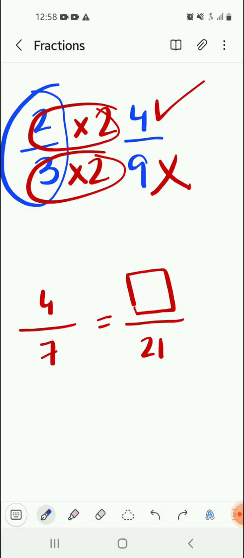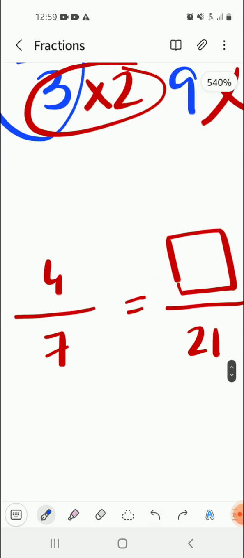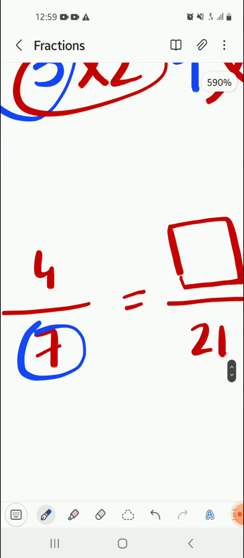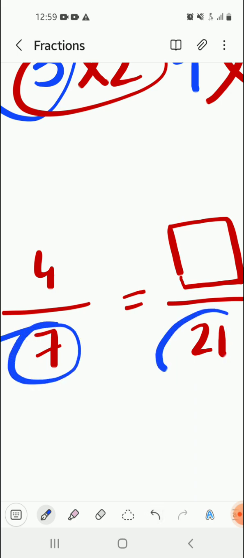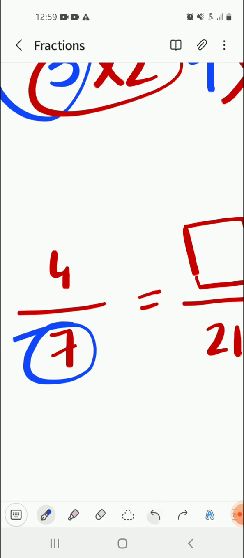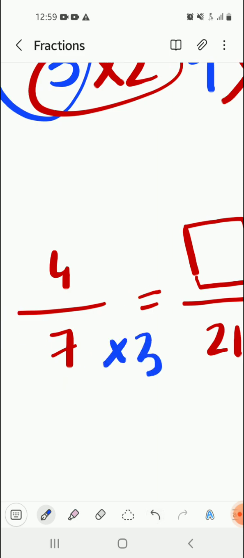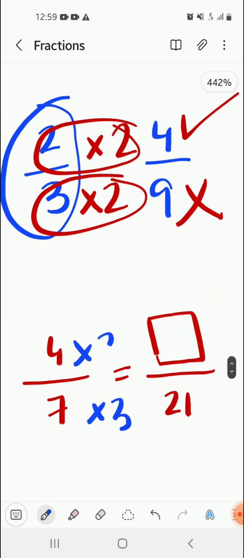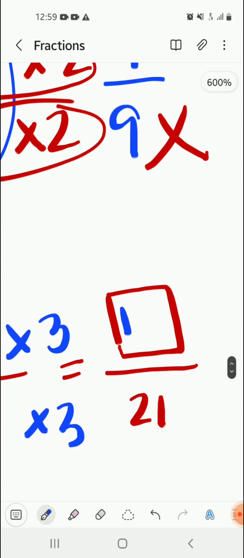Now we have to check the common link. The common link is the denominator of both the fractions which are given. Now think with which number you must multiply the given number so that we get the other number. By what number should you multiply the smaller number to get the greater number? So 7 into 3 we know is 21, which means the numerator should also be multiplied with the same number. So it is 4 into 3, 12.